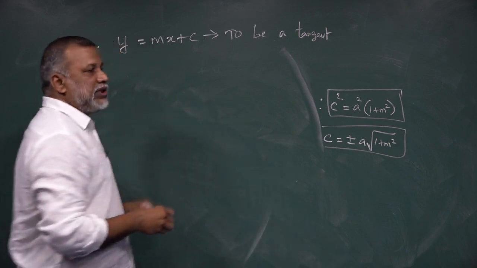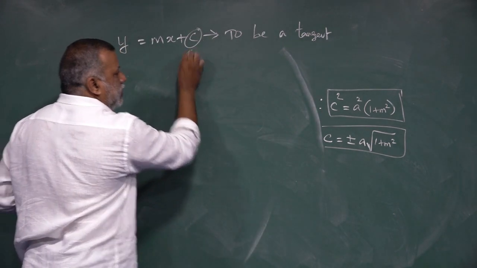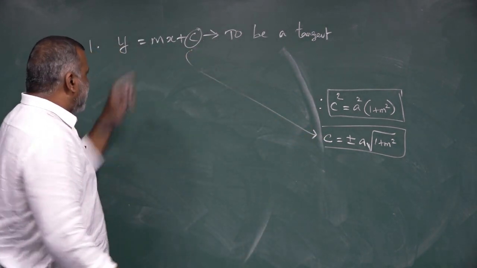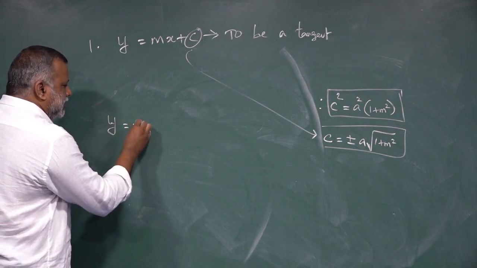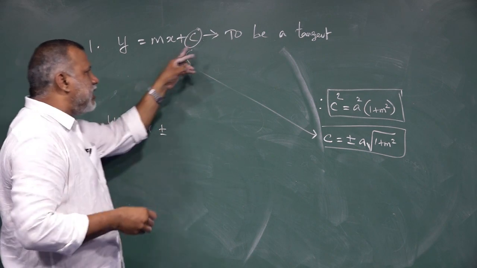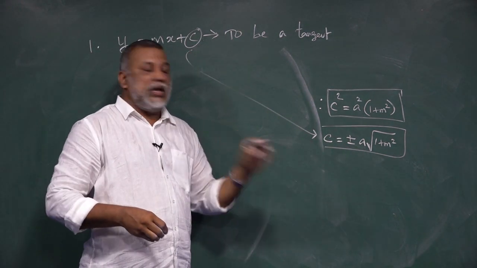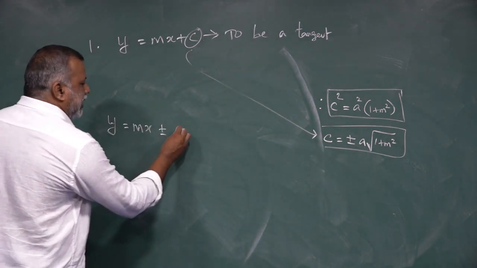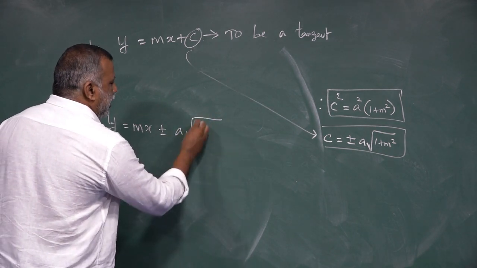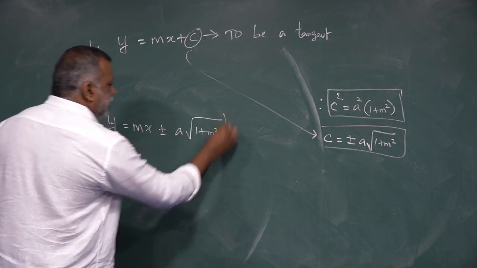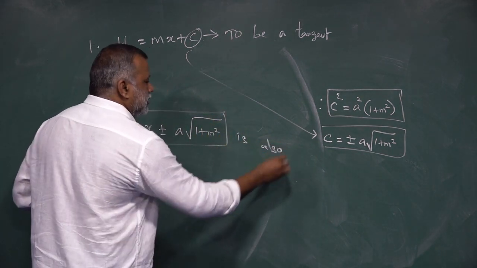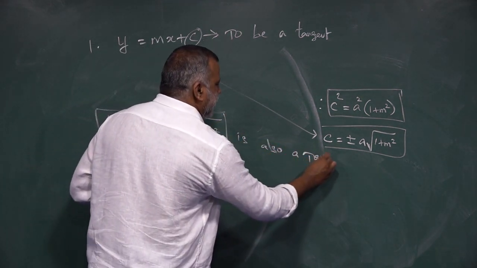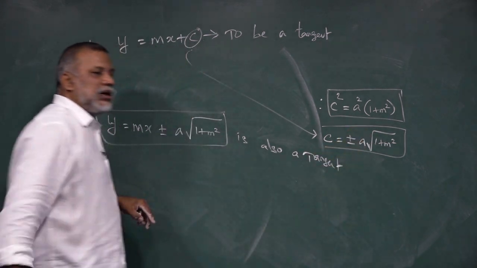We already worked out this condition, so we worked out the value of c. Therefore now we can say y equal to mx plus or minus, instead of c use this one, a of root of 1 plus m squared, is also a tangent to the circle.